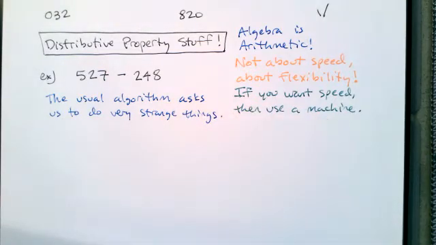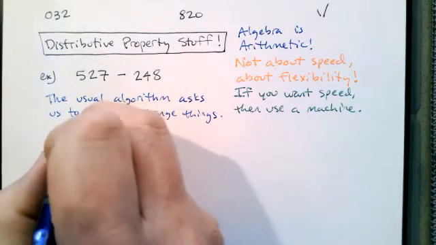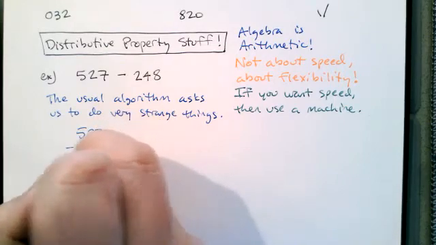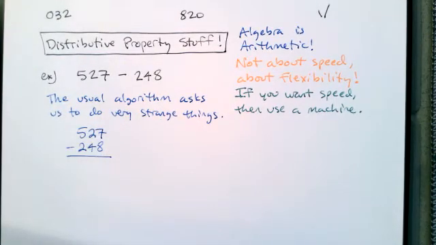The usual algorithm asks us to do very strange things. I'm going to set this up in the way that we usually set it up, where we do a 527 minus 248. Does anybody recognize this setup?